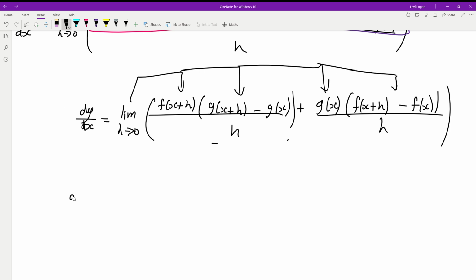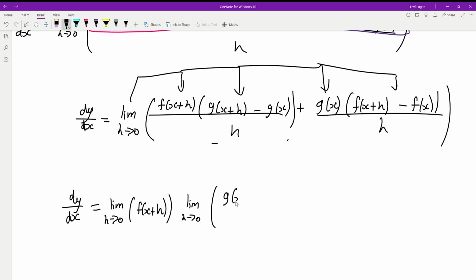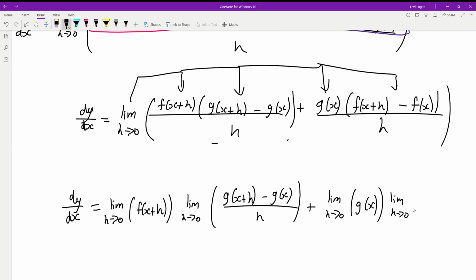So in other words, dy/dx equals the limit as h goes to 0 of f(x+h) multiplied by the limit as h goes to 0 of g(x+h) minus g(x) on h, plus the limit as h goes to 0 of g(x) multiplied by the limit as h goes to 0 of f(x+h) minus f(x) on h.